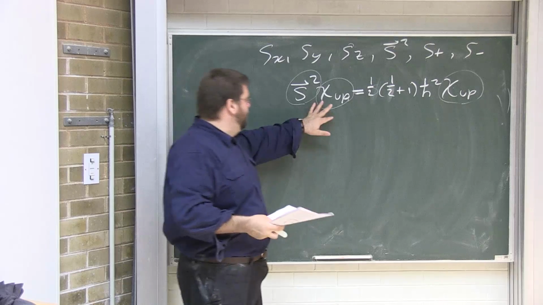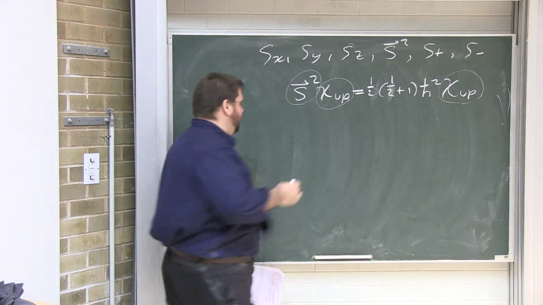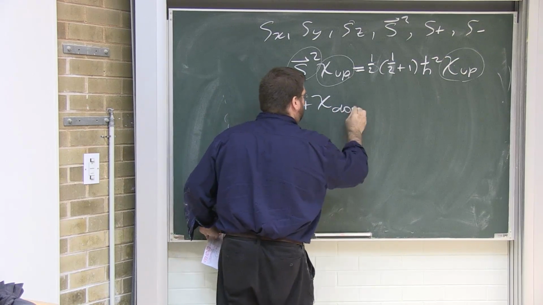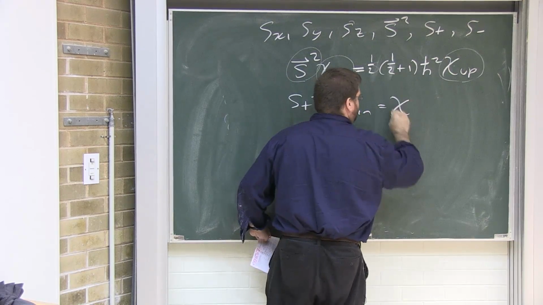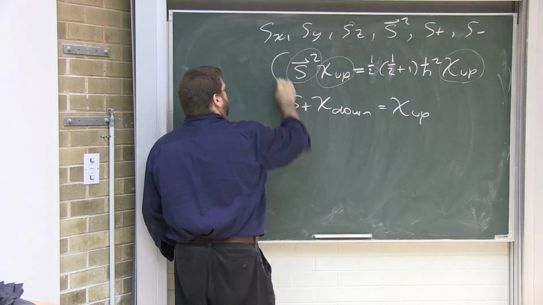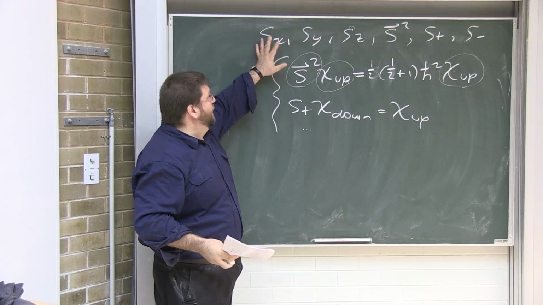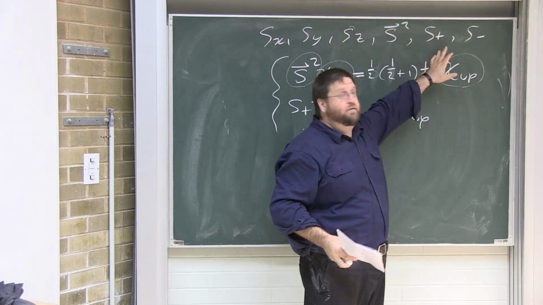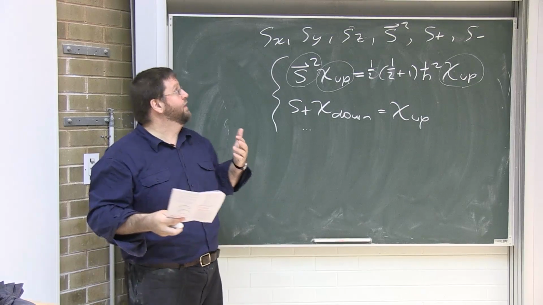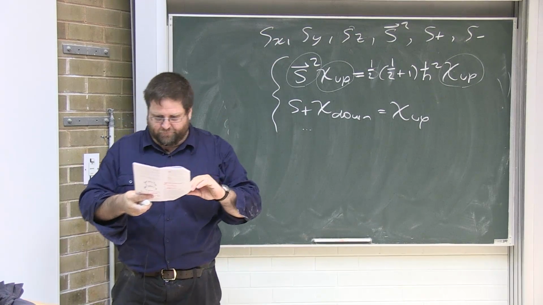It's not an eigenfunction equation, it's an eigenspinner equation. If you were to have S plus acting on chi down, it should raise it up to chi up, and so on. So all of these properties that you would expect must be obeyed via the matrix representation of these operators, which are special cases of the formulae that we derived in an earlier class, acting on the two spinners up and down.